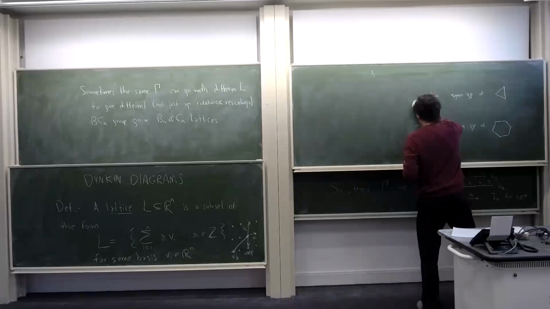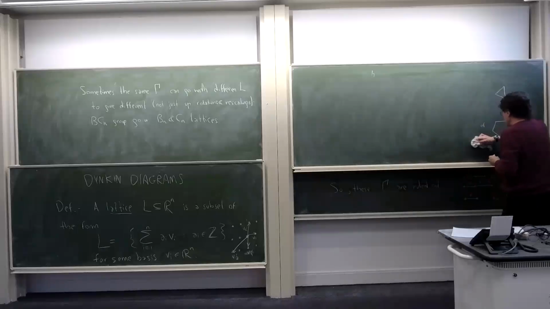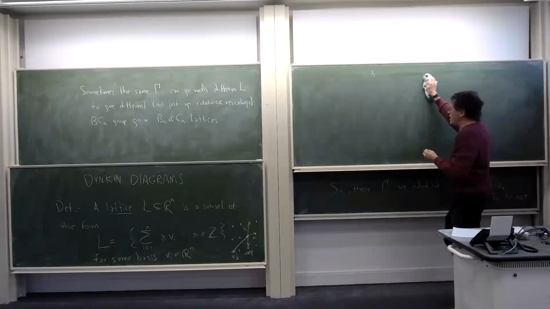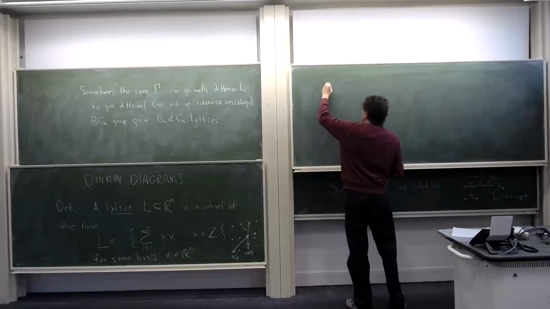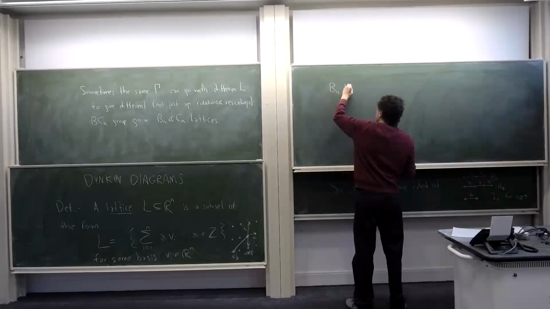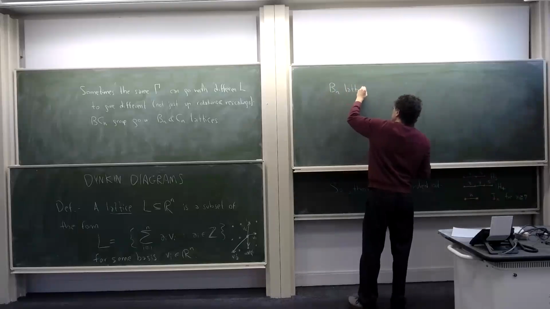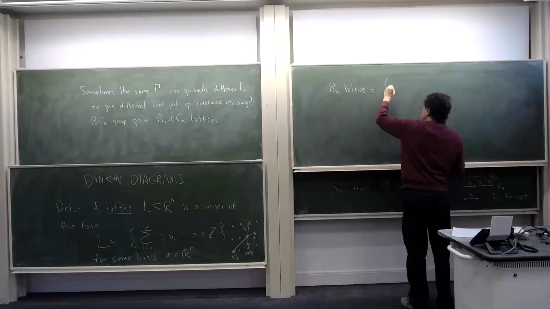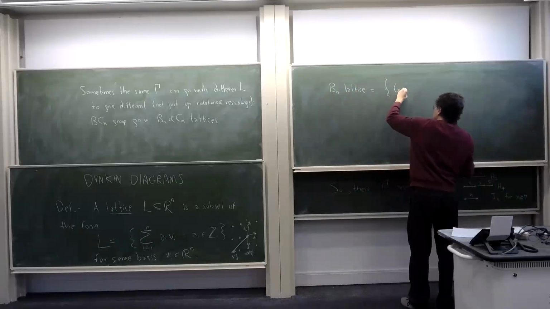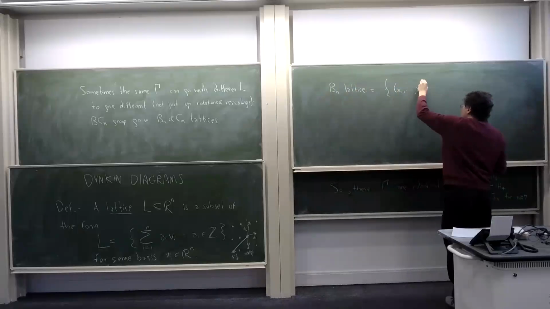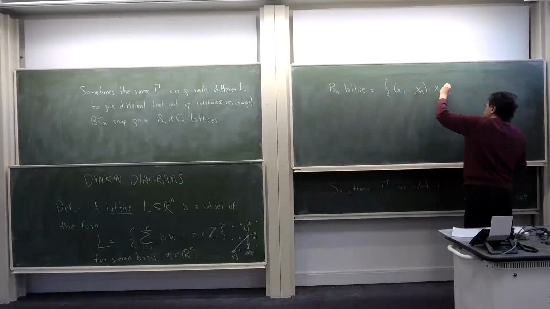So the BN lattice is a very banal lattice. It's just Z to the n. So it's just vectors in Rn where every entry is an integer.